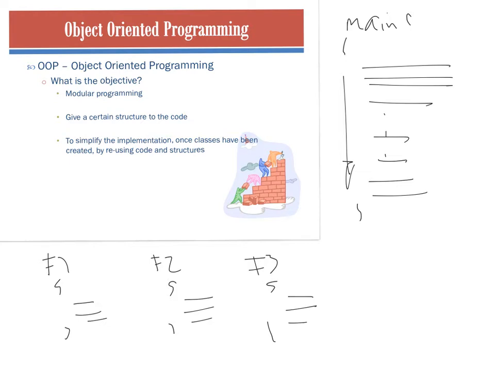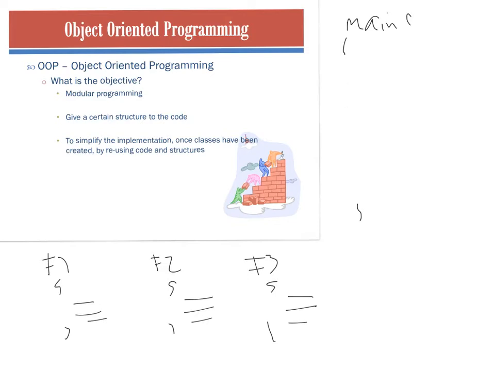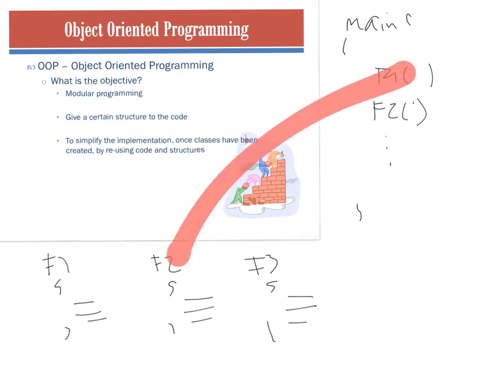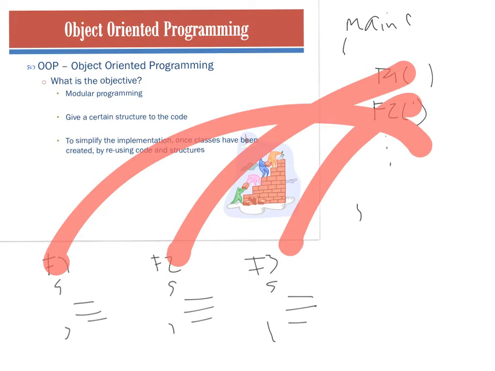So in this case, we don't have our sequential script, but we have a series of events, a series of code that trigger the functions to send us either here or here or here. And so these are going to be our modules. With these modules we'll construct a structure, and then that structure will allow us to re-implement code without having to copy and paste and repeat.